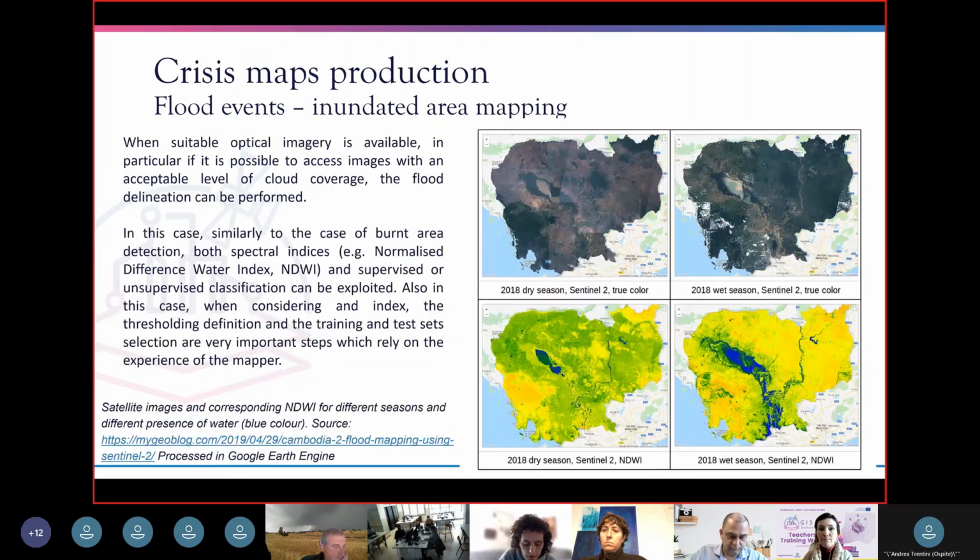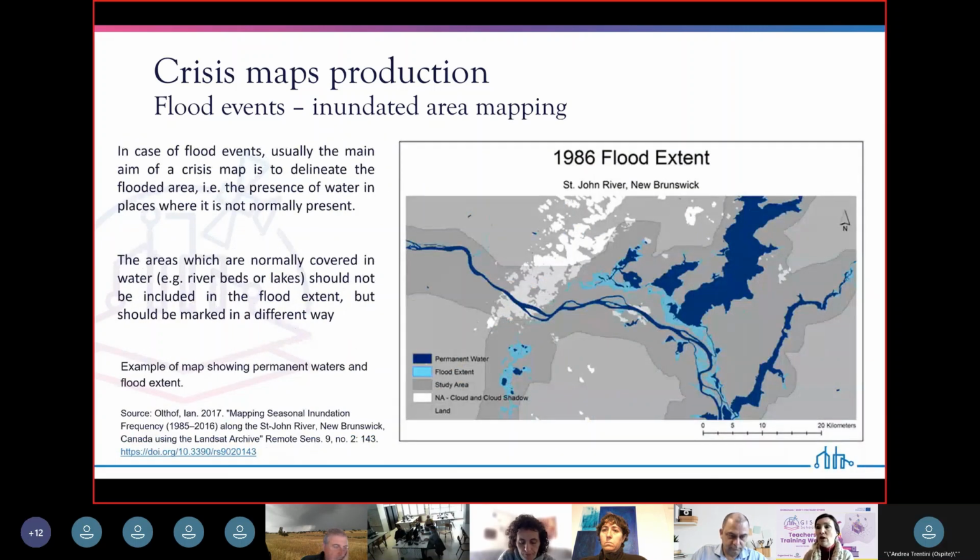In the document that we have provided in the form of this electronic book with hyperlinks, you can see that I have put a small box with respect to SAR imagery, so synthetic aperture radar imagery, which is not part of this course, because this course, I think, is already overcrowded with many topics.